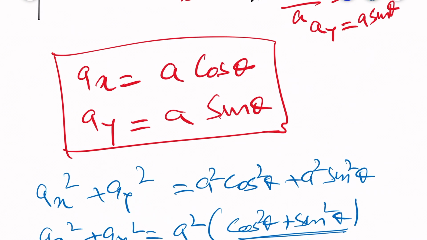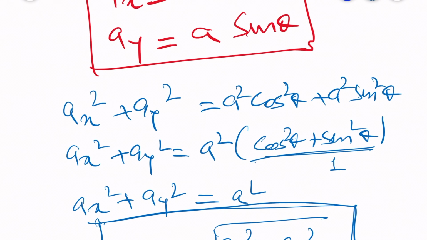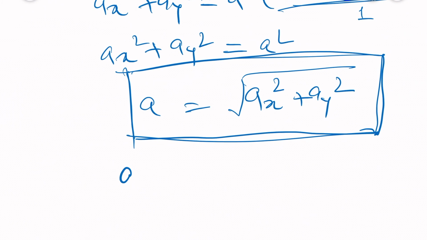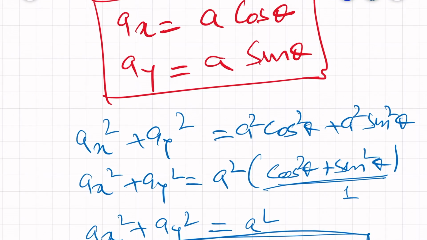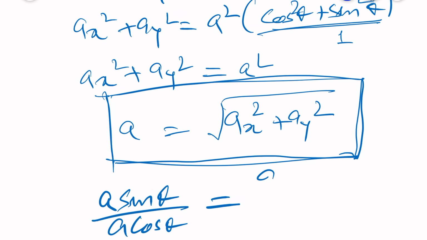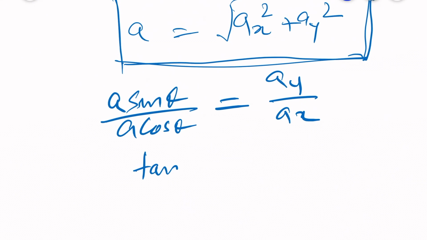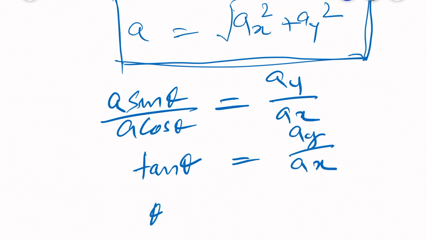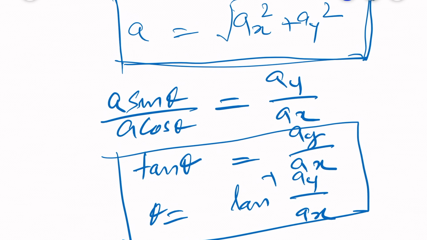If you divide the second equation by the first equation, you will basically get A sin theta upon A cos theta is equal to Ay upon Ax. So tan theta is equal to Ay upon Ax, and theta is equal to tan inverse of Ay upon Ax. So this is the last of the bits that you probably need to remember, and it will be helpful.